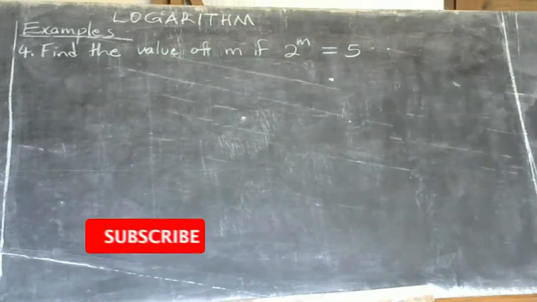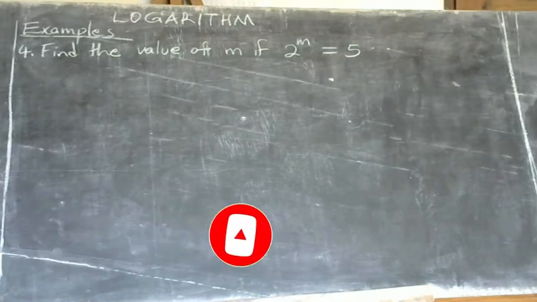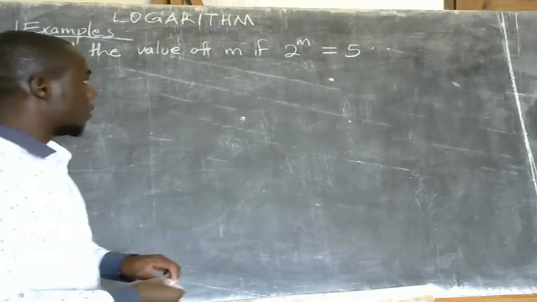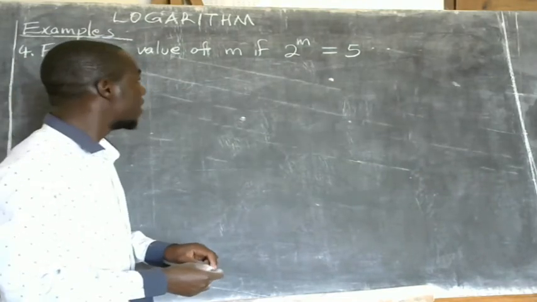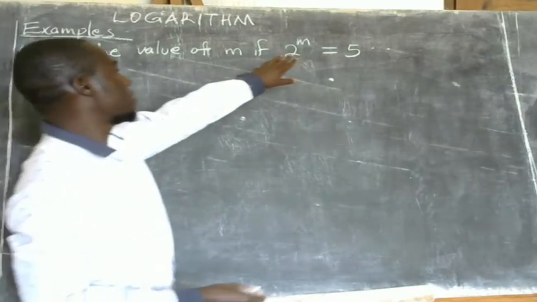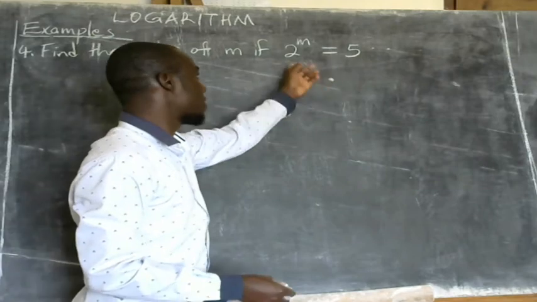Example 4, find the value of m if 2 power m is equal to 5. So remember, in index numbers, we said that you express the other side as the same base as this one.